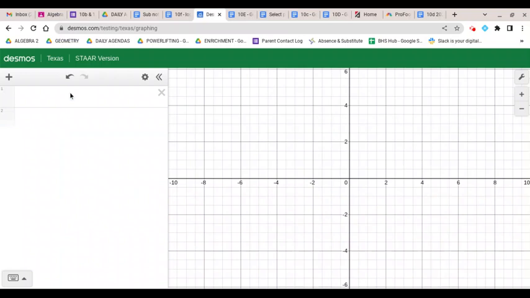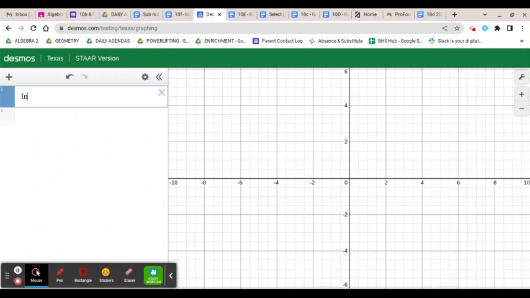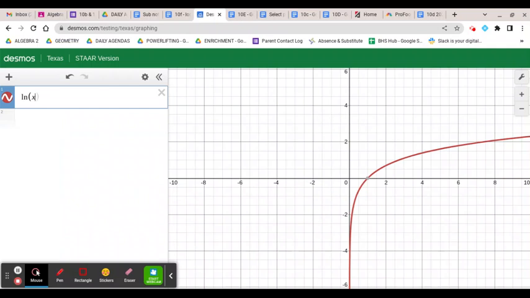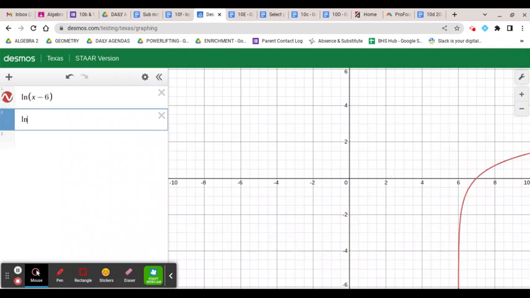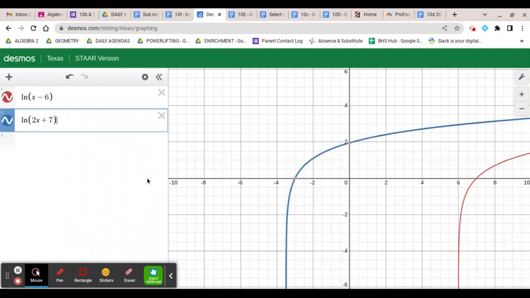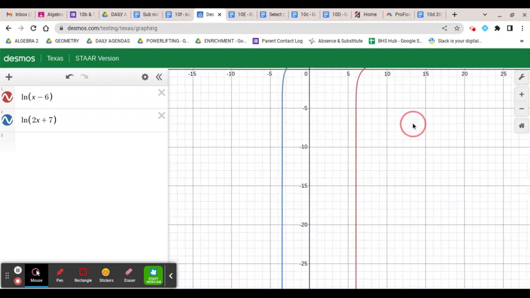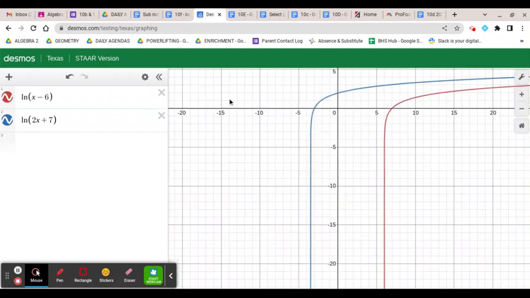If we come over here into the calculator, we have natural log of x minus 6, and here we have the natural log of 2x plus 7. Negative 13 was our answer.